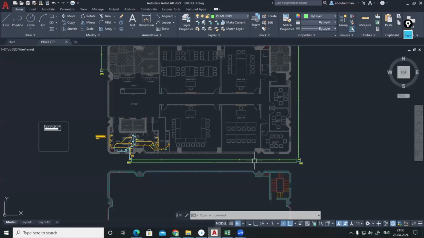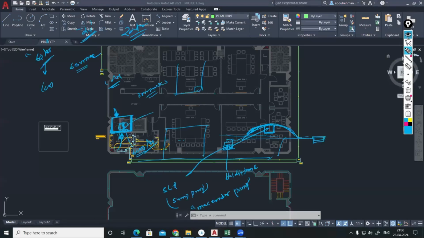But what I mean is, since we are having this undulation, the cover level here we are having 0.0. Here we might be having, let's say, a 1.8 meter cover level. Accordingly, the depth has to be adjusted, right? And also, this is your manhole number 5.